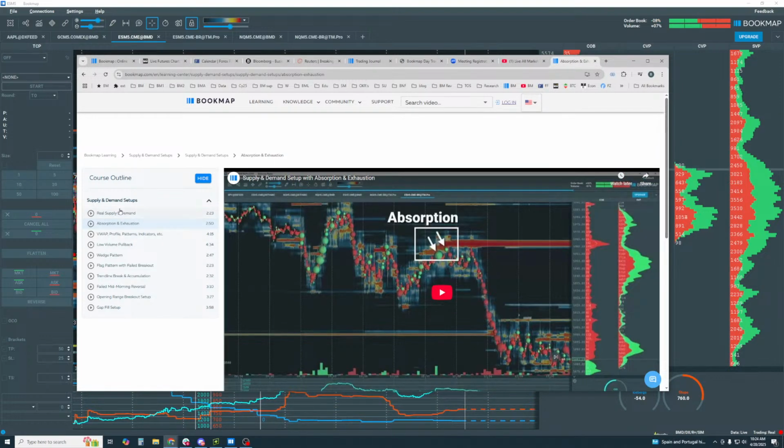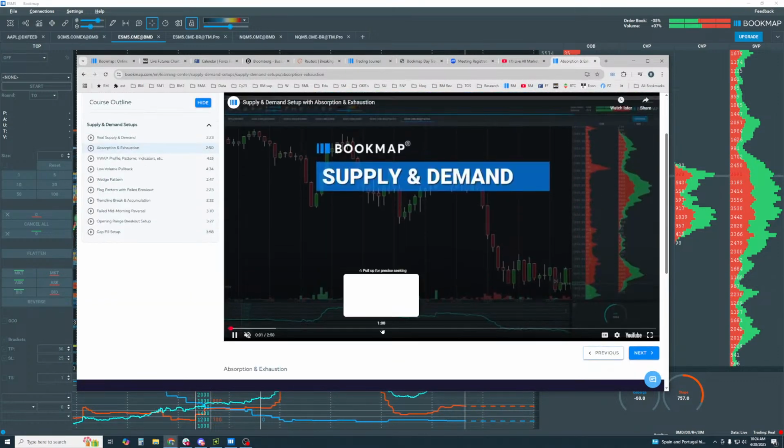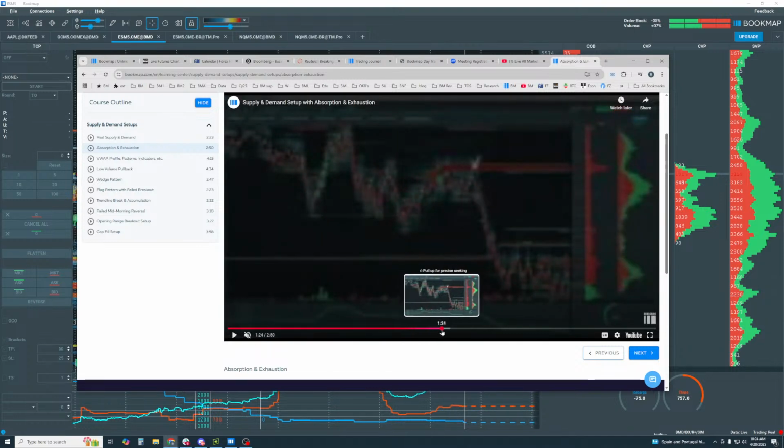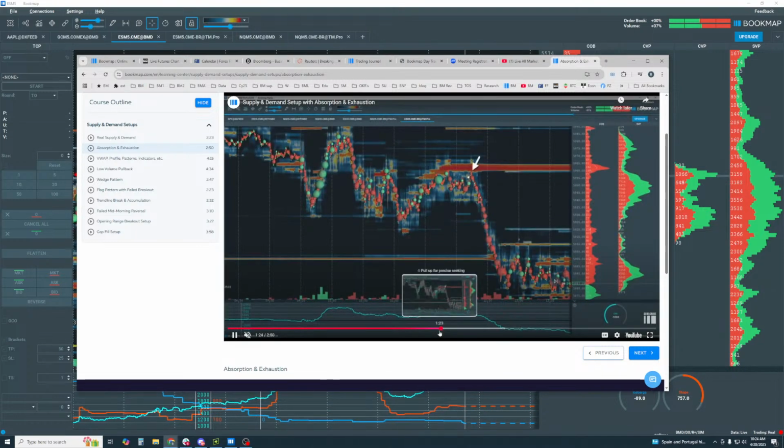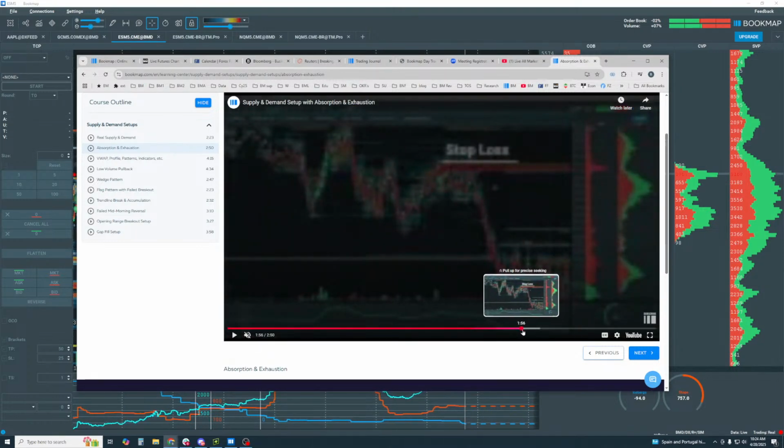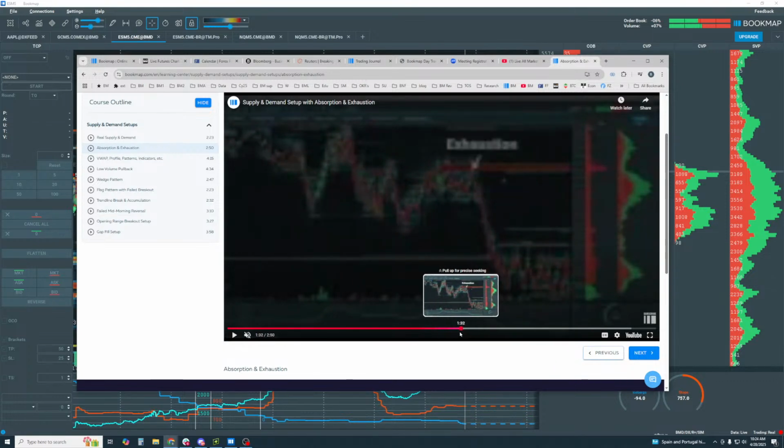For example, this one on absorption and exhaustion at a key level. This is what I mean to show you right in here. Hold on a minute.